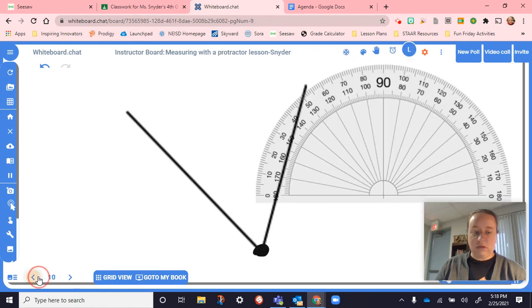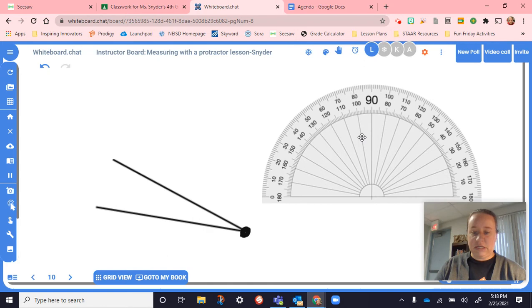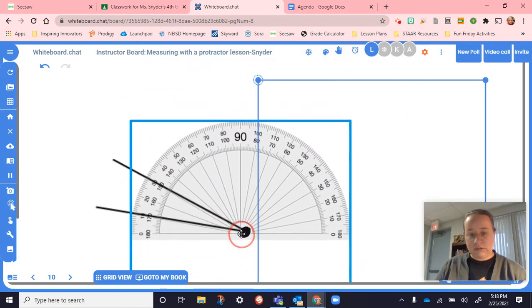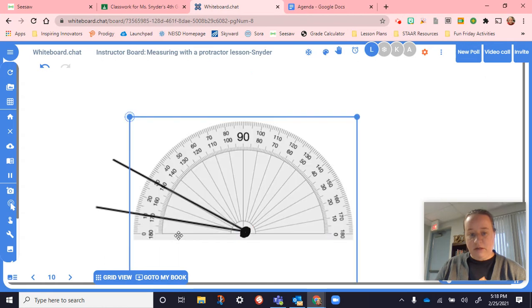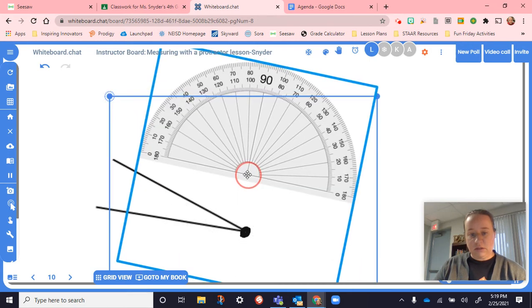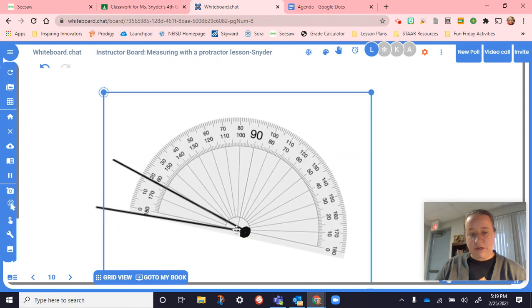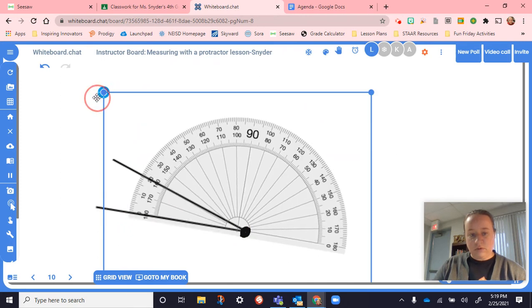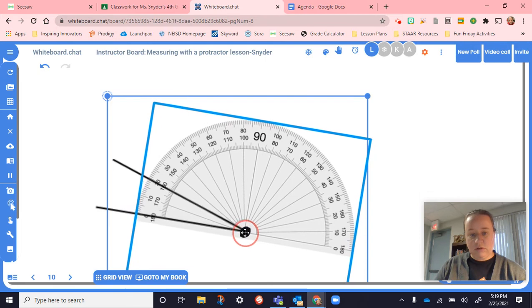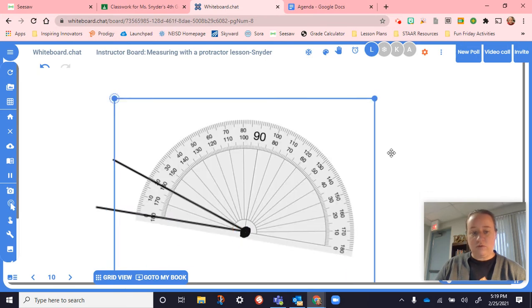So this one on page 10. When you line it up here, notice that that bottom ray is not flush with the 0. So if you click the corners, you can rotate it and try to get it lined up better to where now it's in the right position.